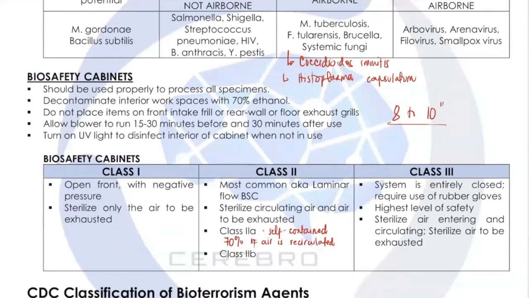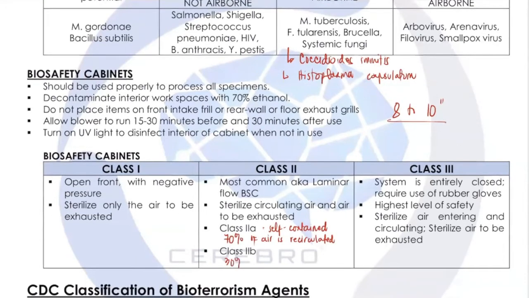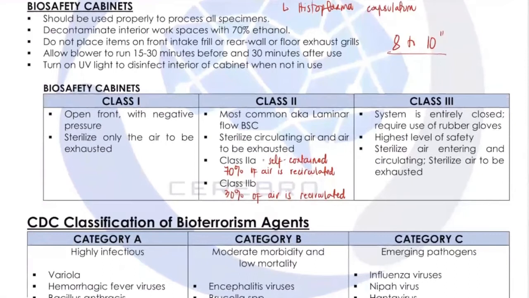Pag sinabi natin class 2B naman, 30% naman ng air yung nare-recirculate. Okay? 30% of air is recirculated, and oftentimes itong class 2B biosafety cabinet natin are the ones that are used for radioisotopes, toxic chemicals, or carcinogens.